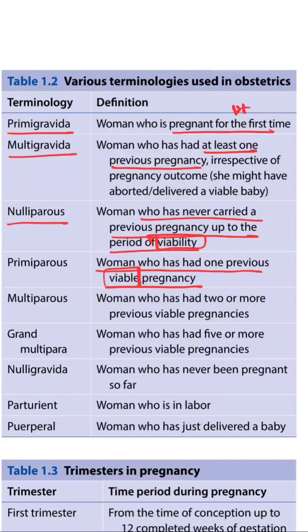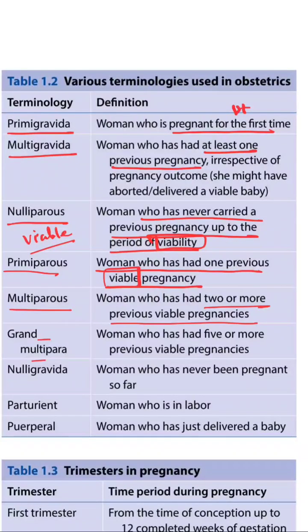Nulliparous means a woman who has never carried a viable pregnancy, whereas primiparous is a woman who has had one previous viable pregnancy. Multiparous is a woman who has had two or more previous viable pregnancies.